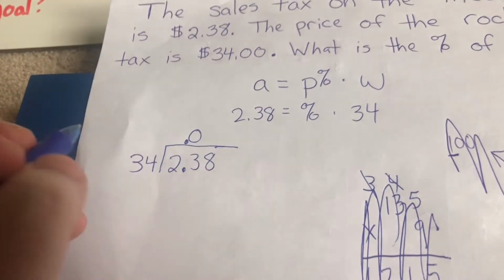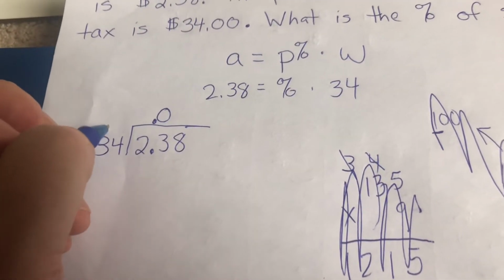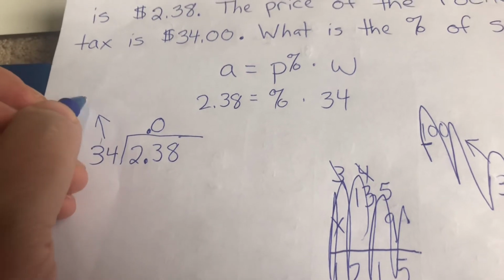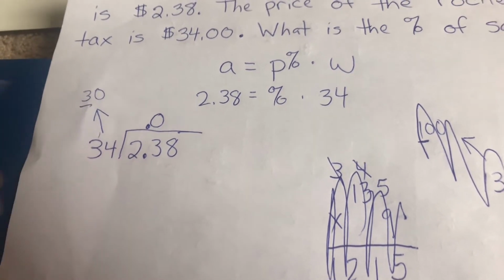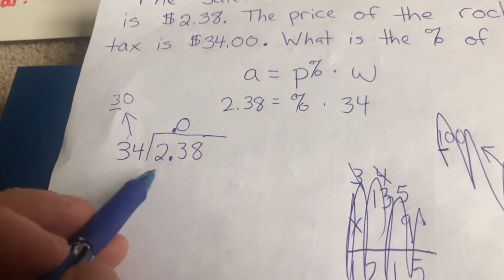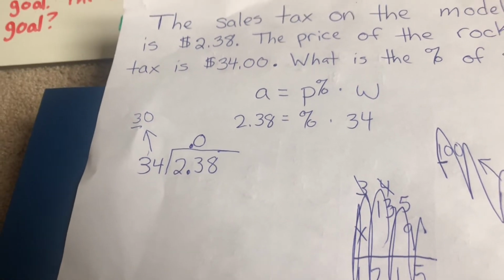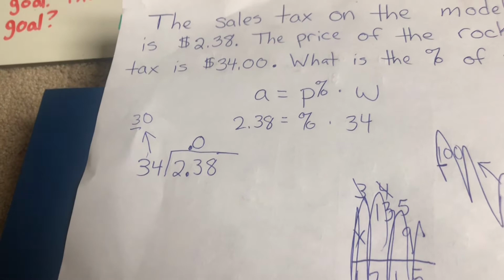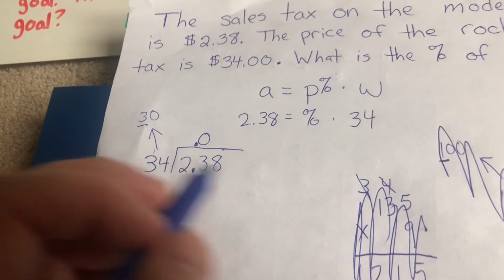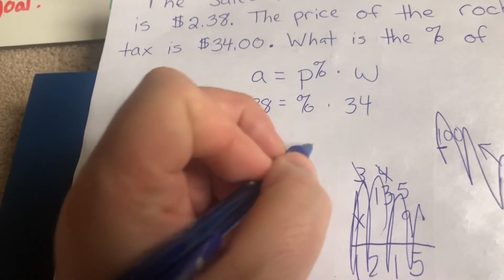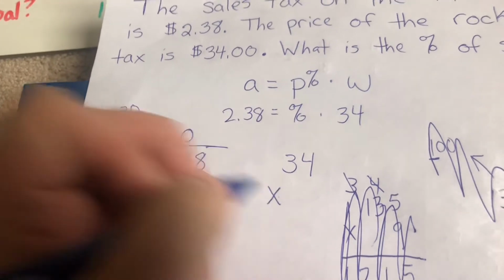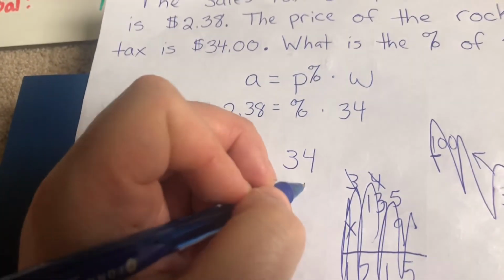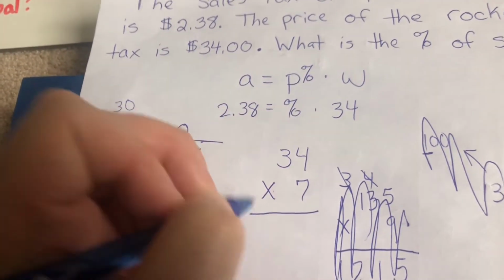Now, how many times can 34 go into 238? Well, 34 could round to 30, so I could think about the 3. 3 cannot go into 2, but 3 can go into 23 7 times. So I'm going to do 34 times 7, because I think 34 can go into 238 about 7 times, give or take.